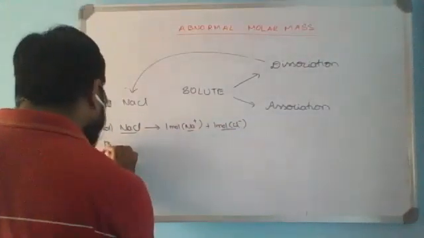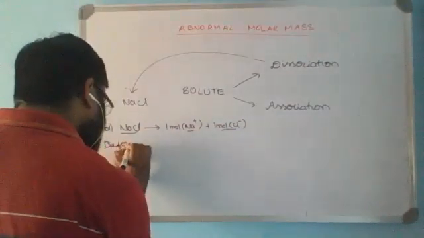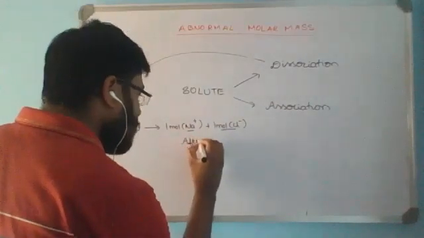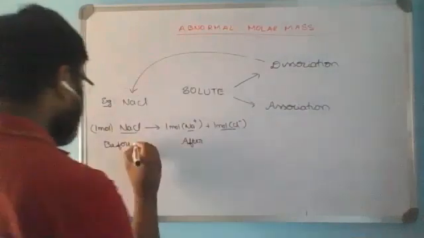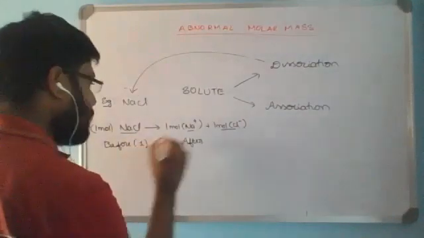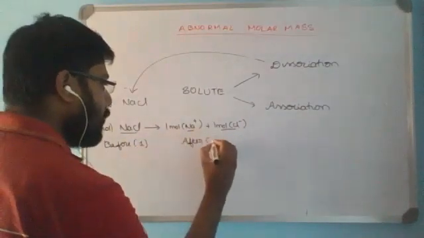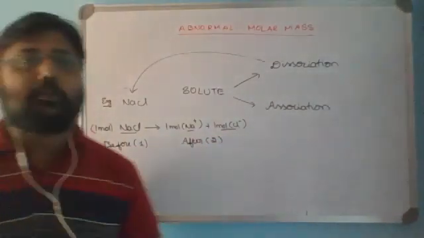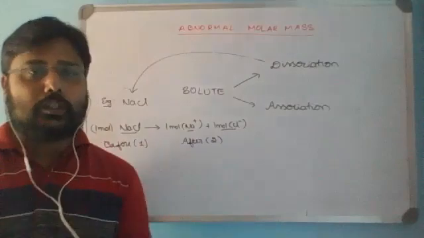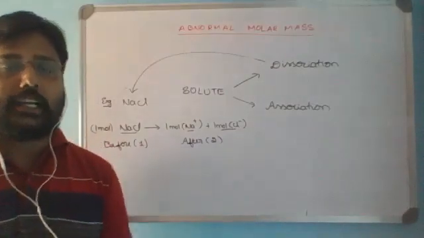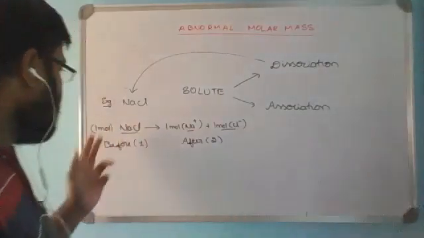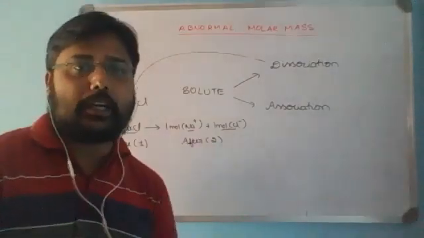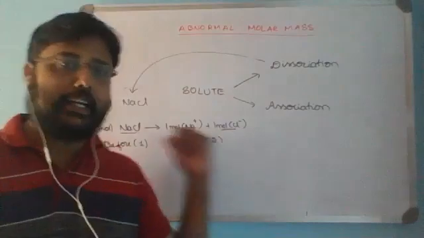Before adding into the solvent it is 1 mole, after adding it is 1 mole plus 1 mole, which is 2 moles. As we know, colligative properties depend only on the number of moles of solute particles, not on the nature. So due to the dissociation, the number of particles is becoming double for NaCl.